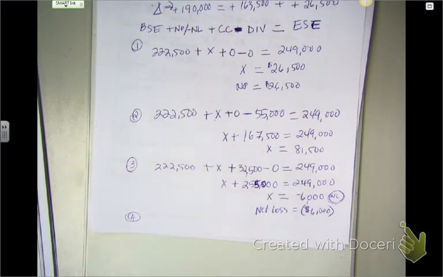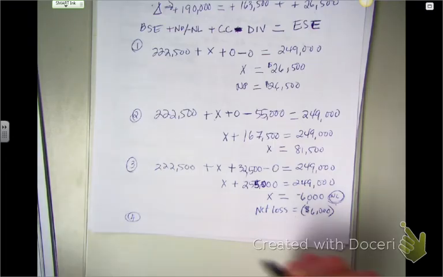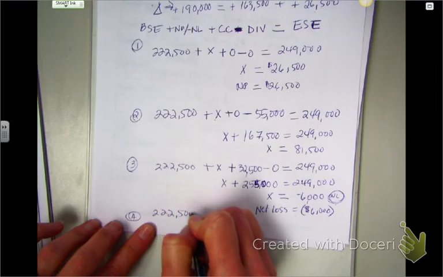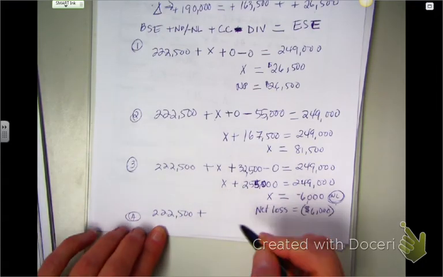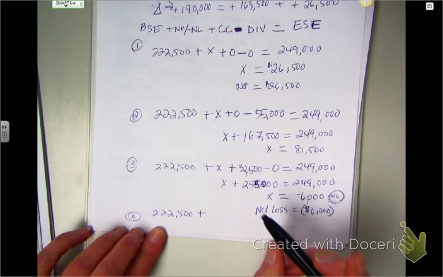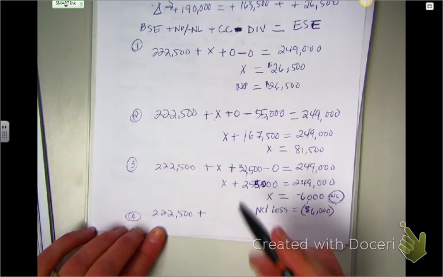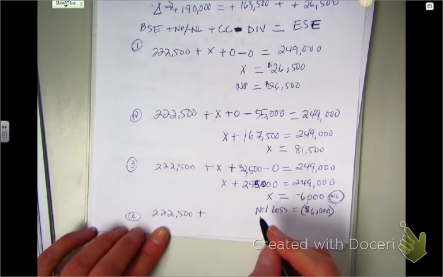Okay. Let's see who's next. Kira, let's have you do the last one. The stockholders invested $25,000 in the business, and dividends of $58,000 were paid during the year. Okay, so the beginning is $222,500.